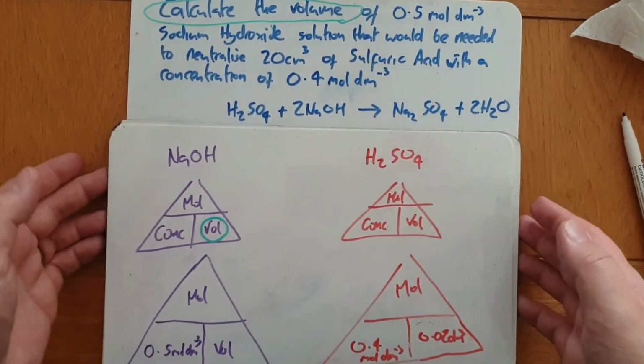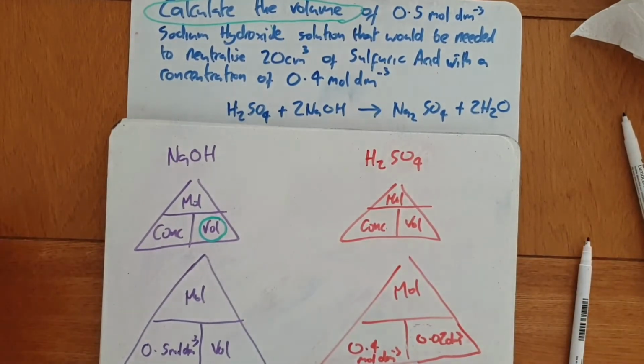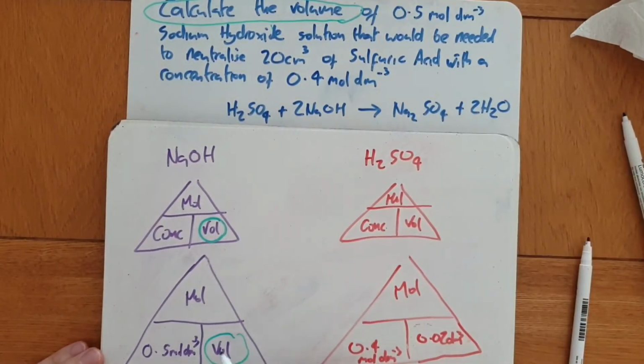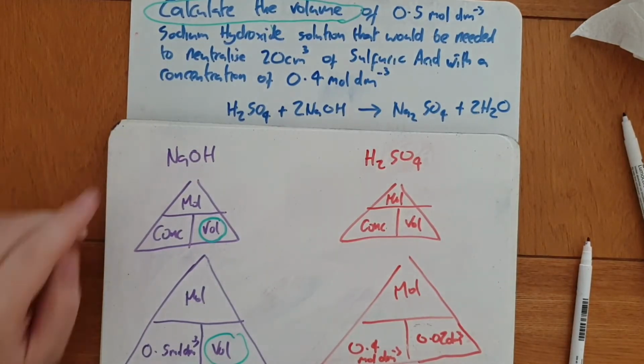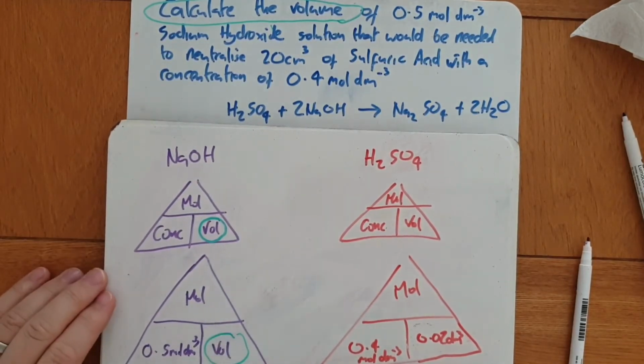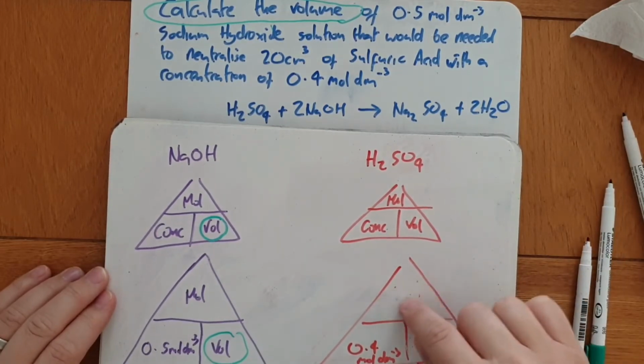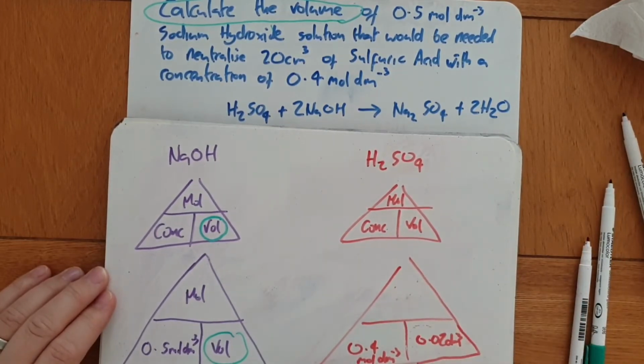Right, just making sure we can see it all. The whole question is wanting us to work out the volume of NaOH, but we can't do that until we know the moles. So what can we work out? Well, we know these two numbers, so we can work out the moles over here. So concentration times volume.